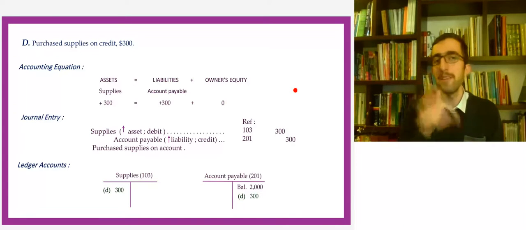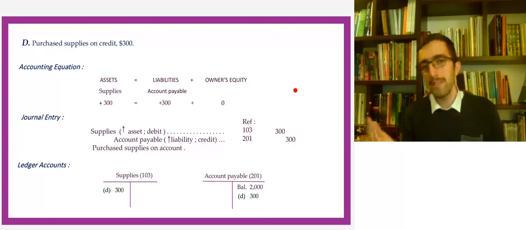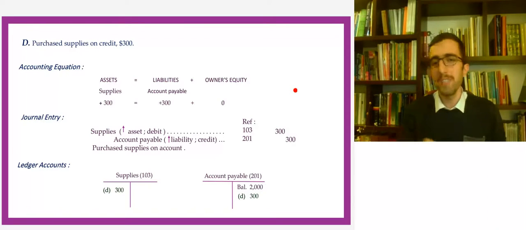Be careful, on credit, not paying cash. Our involved accounts are supplies and accounts payable. If it were cash, we would write cash instead of accounts payable. But here it's on credit, so supplies on the debit side and accounts payable on the credit side. Both amounts are $300.